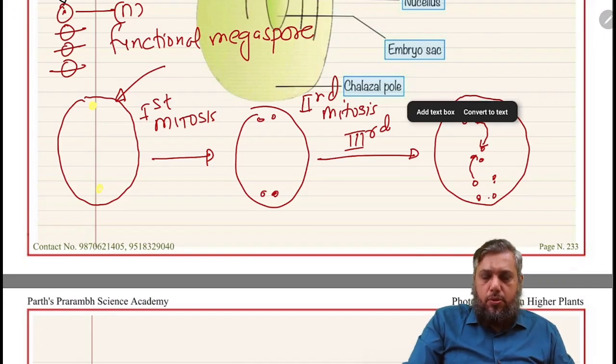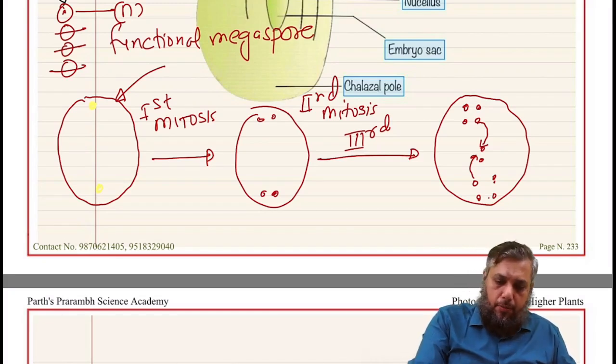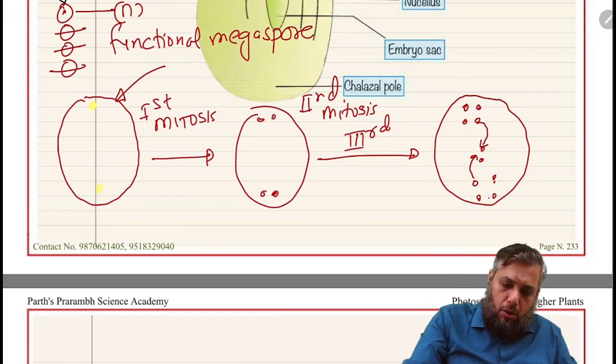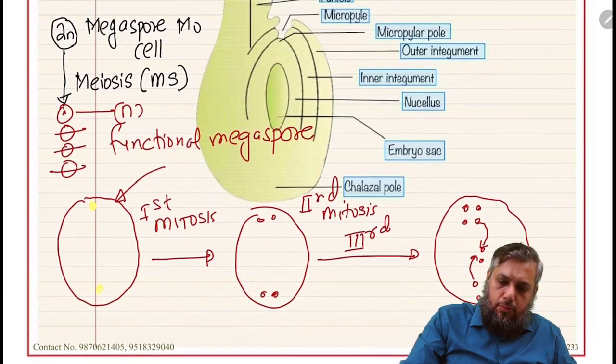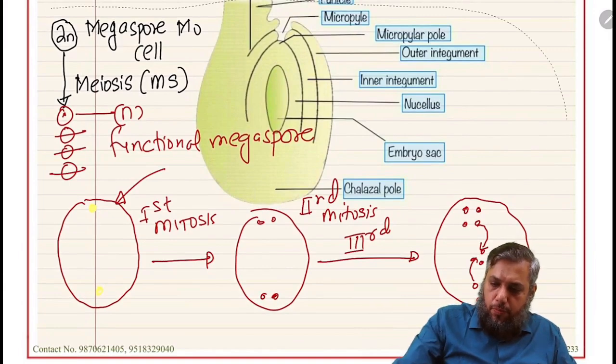Thus, these three mitoses complete the process of megagametogenesis, and we will get the formation of a mature embryo sac. So that is how the development of the embryo sac occurs.